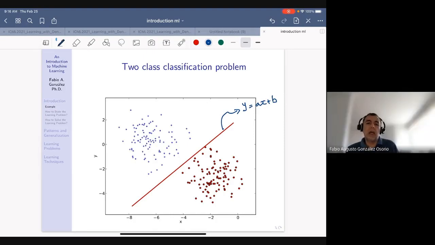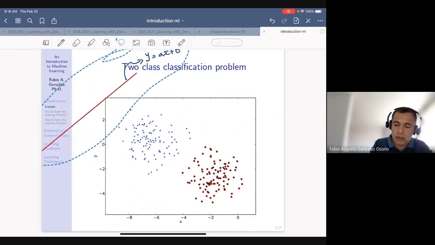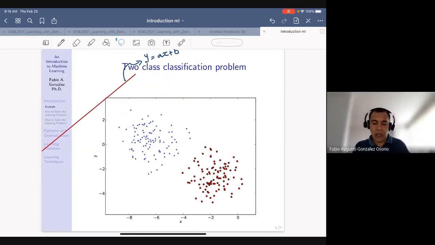Mean square. Okay, for instance, that is for a regression problem, right? Let me move this a little bit. If I do regression with these points, ignoring the class, what I will get is a line like this.